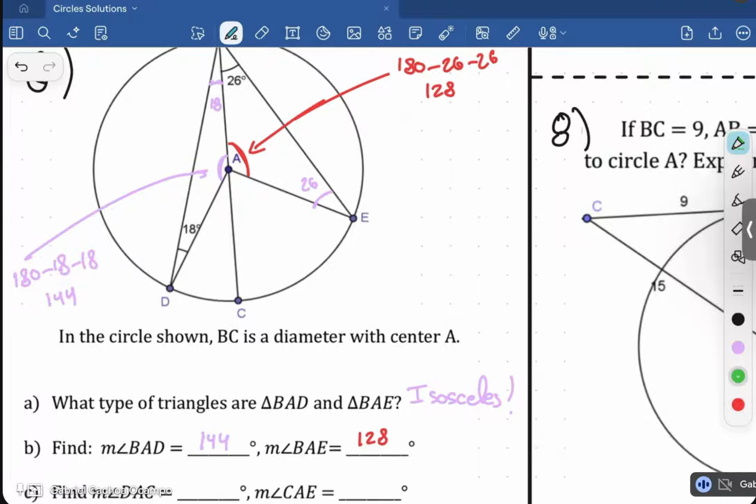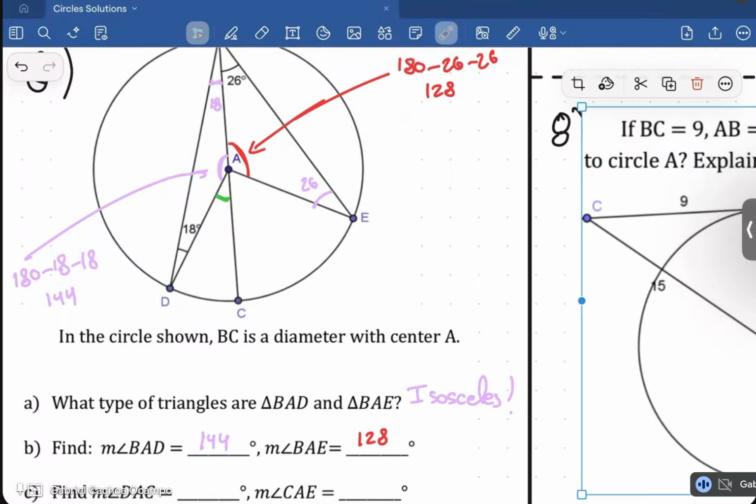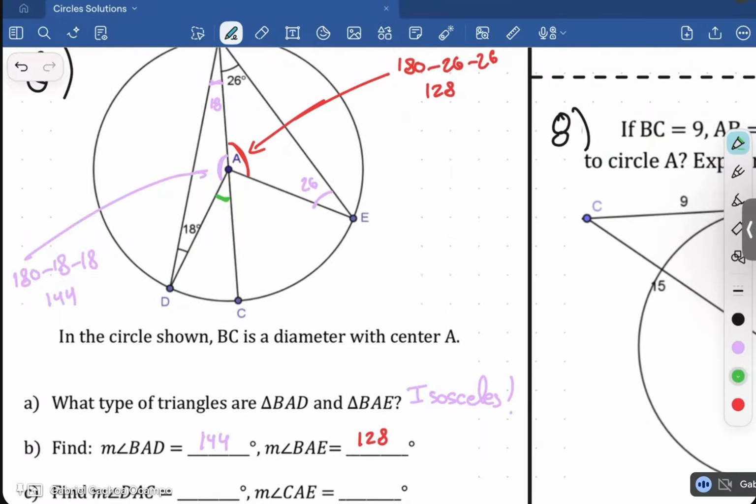Now, if I want to find angle DAC, you need to observe that these two angles make a linear pair. So to find the AC, I just need to do 180 minus 144, which is 36.